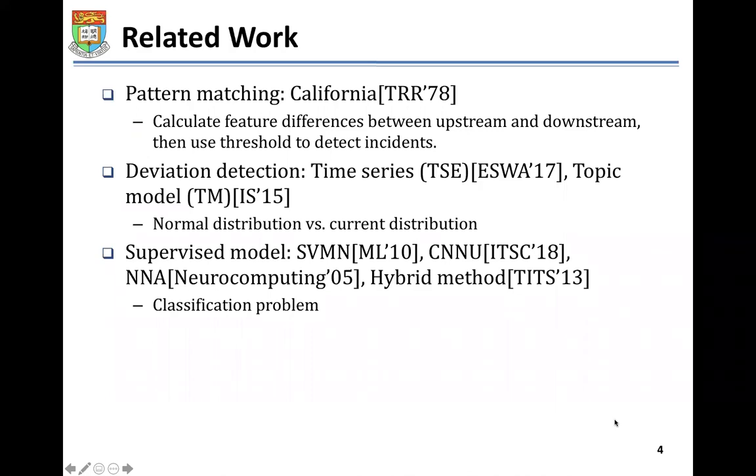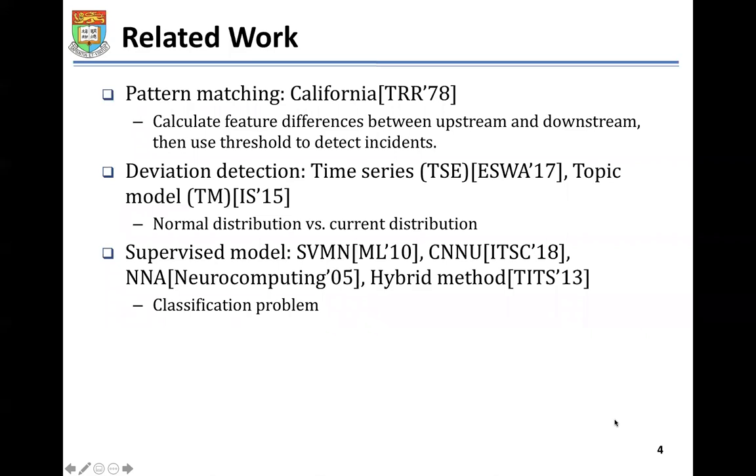Second, deviation detection-based methods. They focus on either time series analysis or topic model learning. The main idea is to estimate the normal distribution of features from historical data, then compare the current distribution with the normal distribution and use the deviation between them to detect incidents.